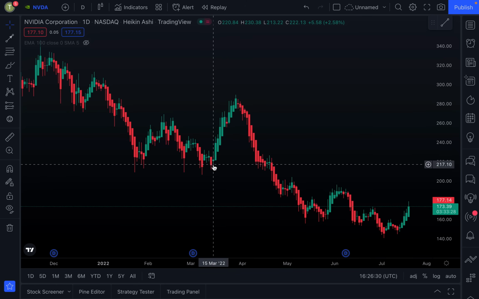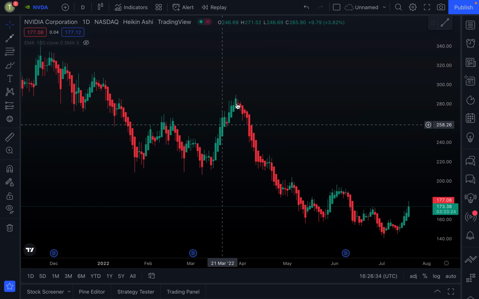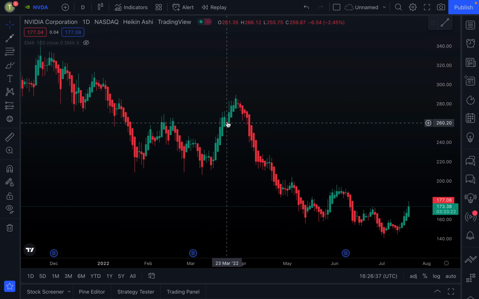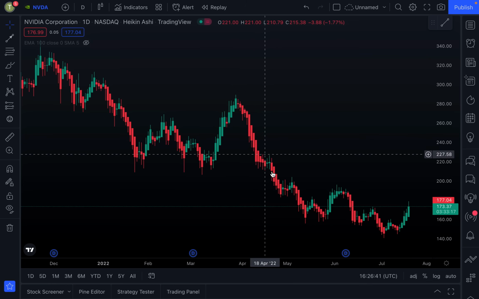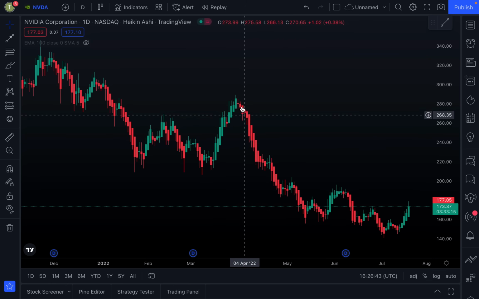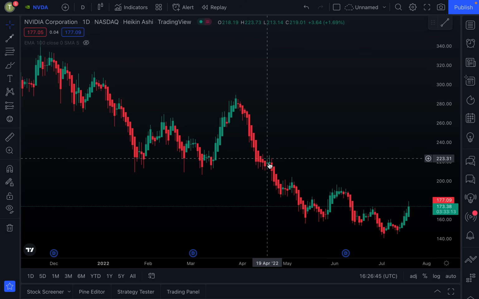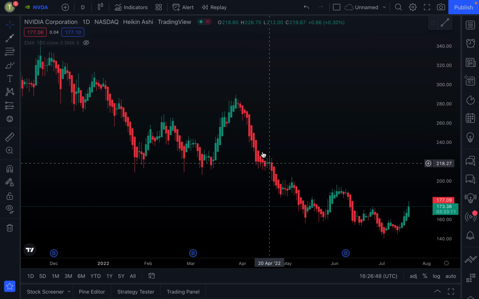For example here, NVDA was in a clear uptrend. Notice that all of these candles, minus this very small red candle, are green. And then here, when NVDA was in a clear downtrend, again, notice that all of these candles, minus these two little green candles, all stayed red.